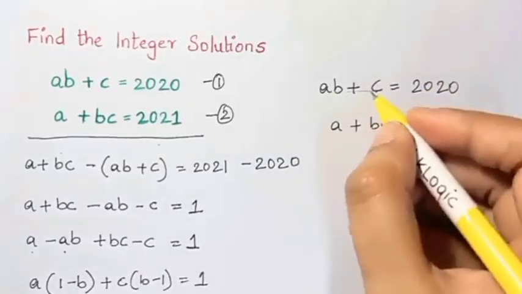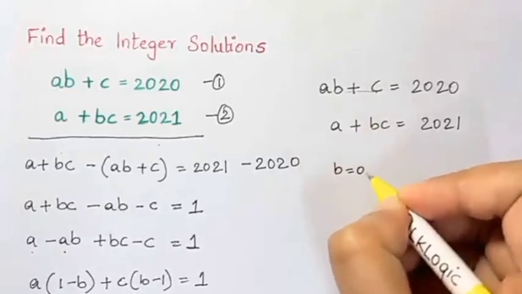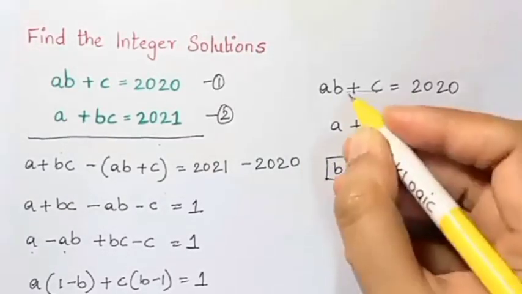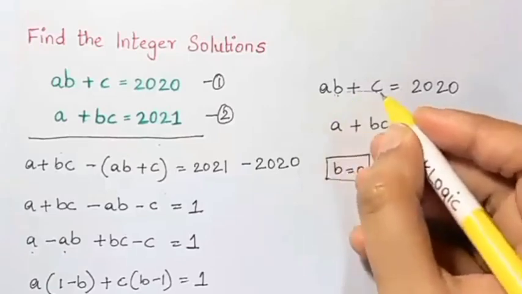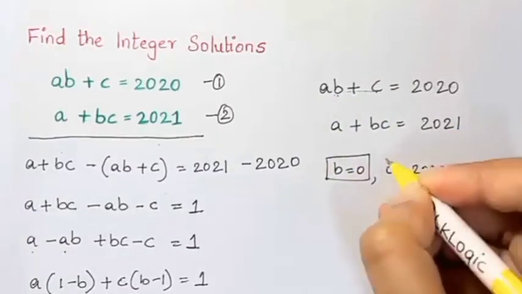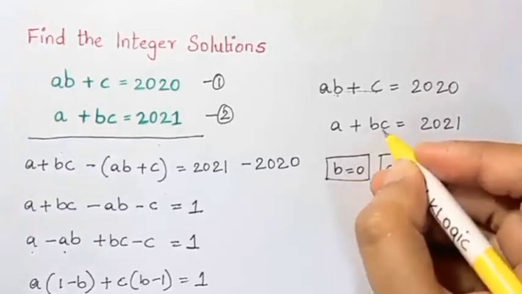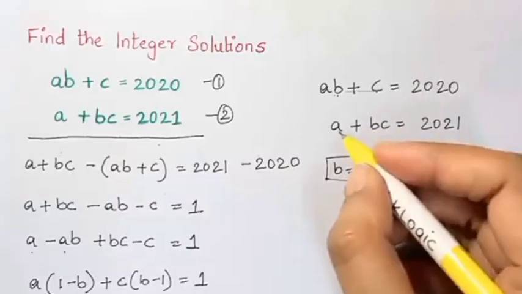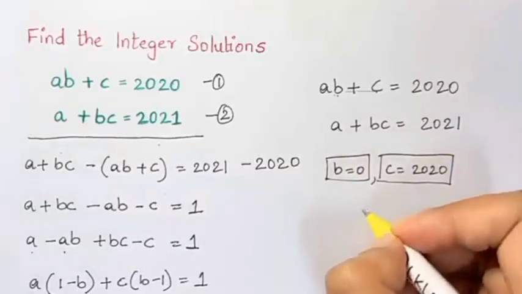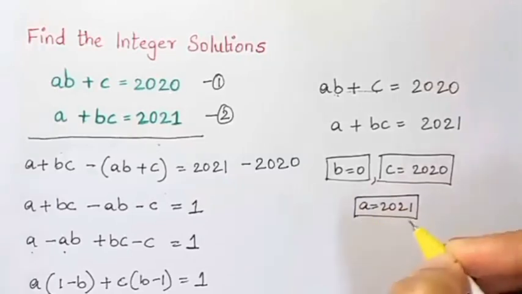If we put B is equal to 0 in this, what do we get? B is 0. So C is equal to 2020. And then what do we get if we put 0 in this one? So B is 0. So A is equal to 2021. So we get the three values.